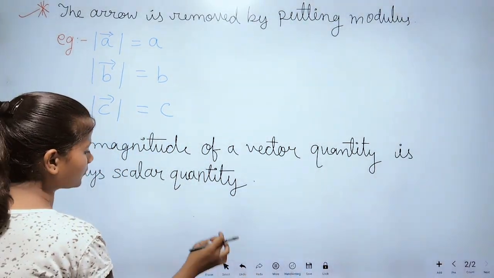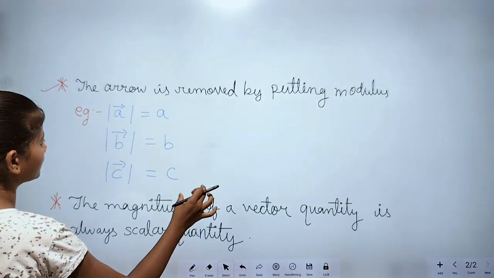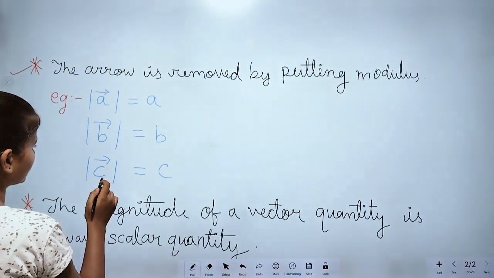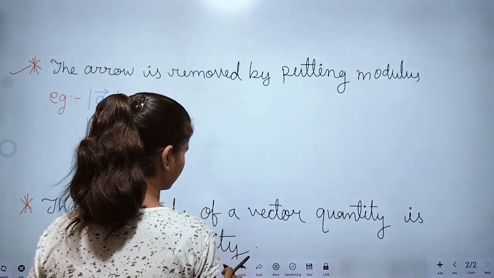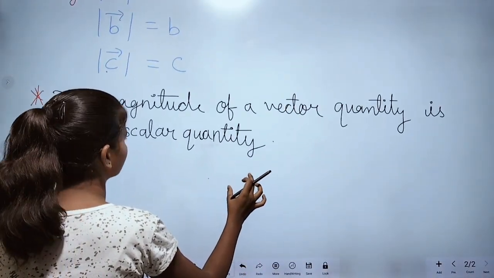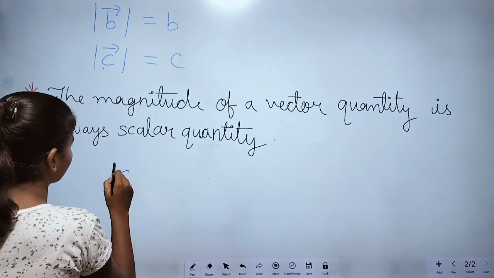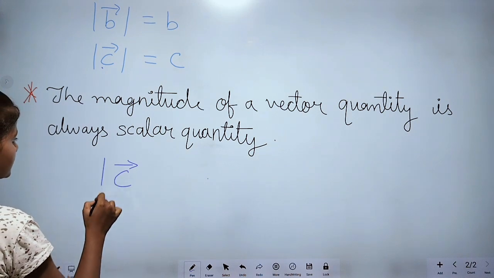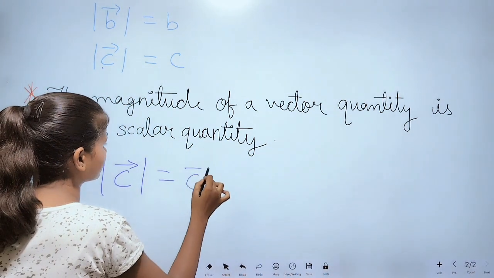Why? Because this one is a vector, and when we put modulus, then the arrow is removed.